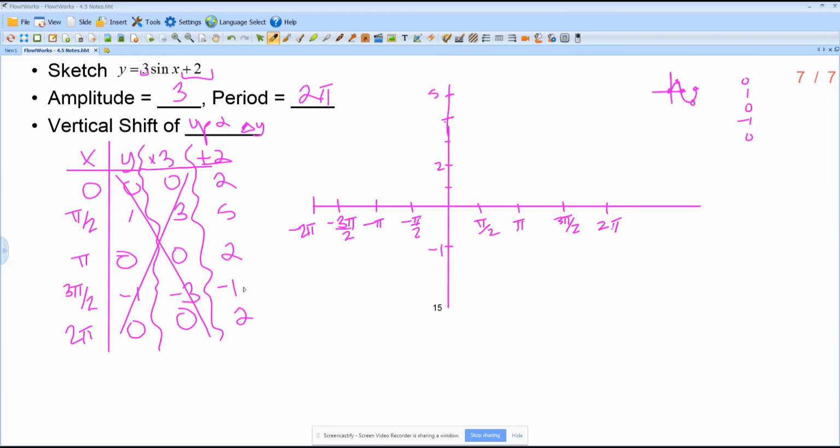And this goes 2, 5, 2, negative 1, 2, 5, 2, negative 1, 2. Draw my curve going through all of these.